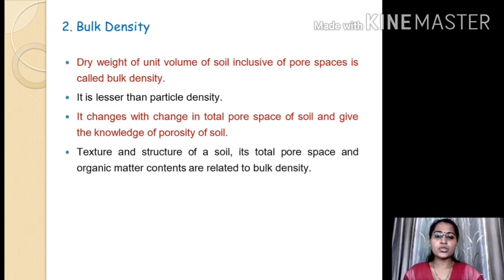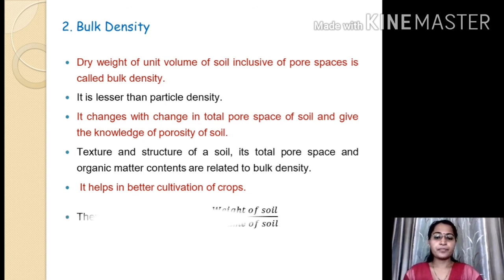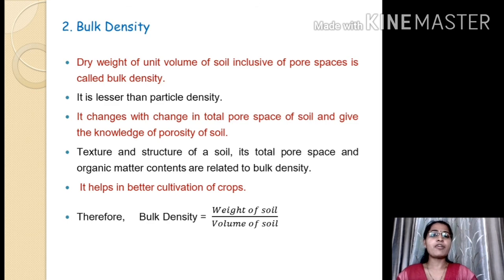Texture and structure of soil, its total pore space and organic matter contents are related to bulk density. It helps in better cultivation of crops. We can also find out the bulk density of soil by the formula weight of soil divided by volume of soil.